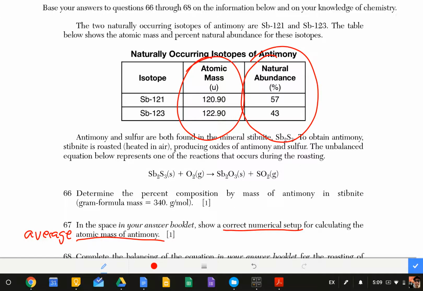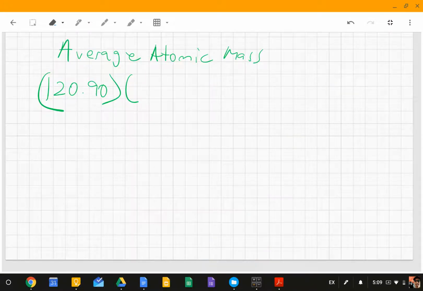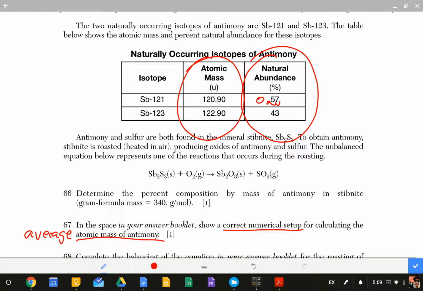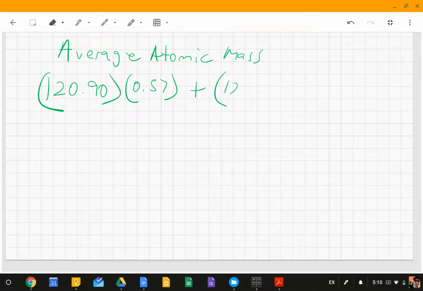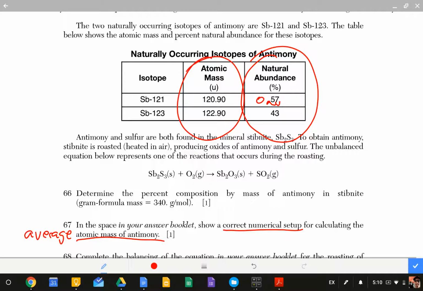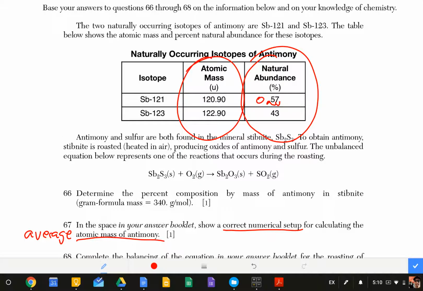The only thing is you can't multiply by 57. It's a percent. You have to divide by 100, which means that 57% is really 0.57. So times 0.57. And we're going to add that to the other isotope, 122.90, times its percent abundance, which is 43%, which is really 0.43.